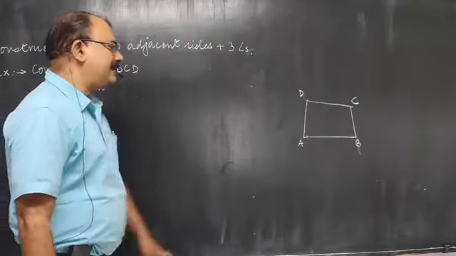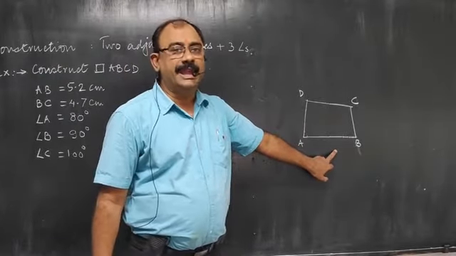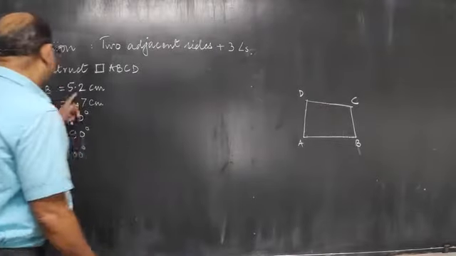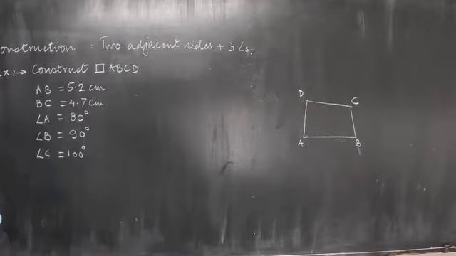So, I will draw a segment AB of length 5.2 centimeters. Now I have drawn a scale on the blackboard. So 1, 2, 3, 4, 5, 5.2. So approximately this much. Okay, fine.